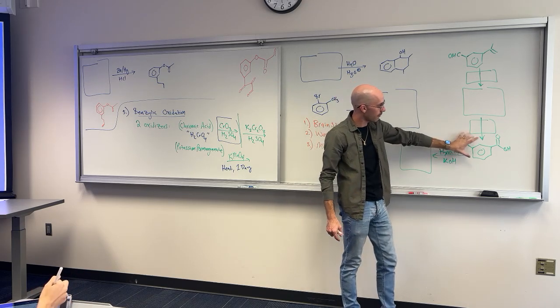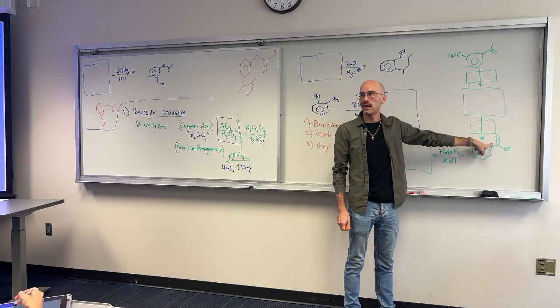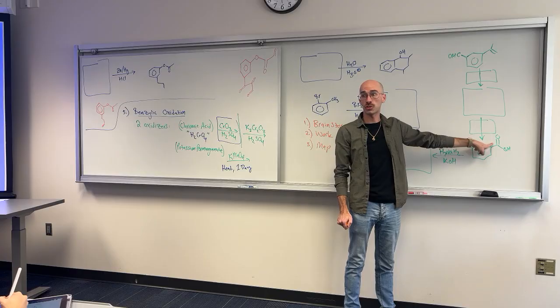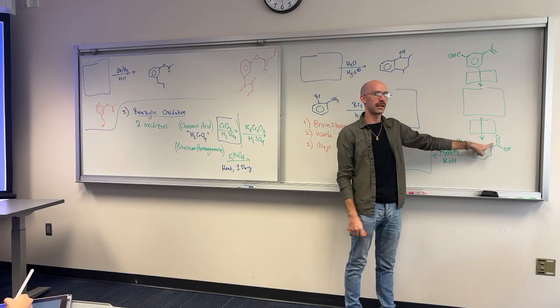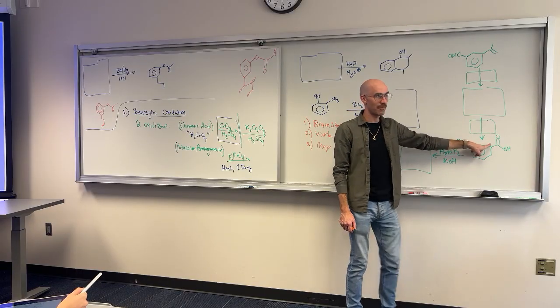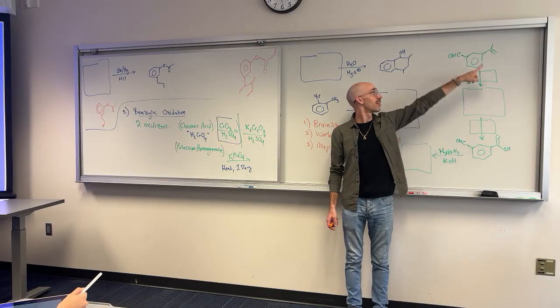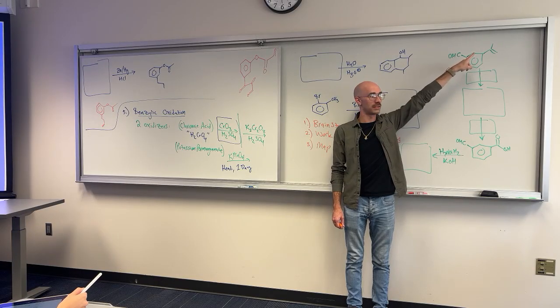That sets us up for doing a benzylic oxidation to create a benzoic acid. And I know that it's giving me a carboxylic acid in this second step because there's no benzylic hydrogen here to allow for oxidation. I can't do benzylic oxidation yet.